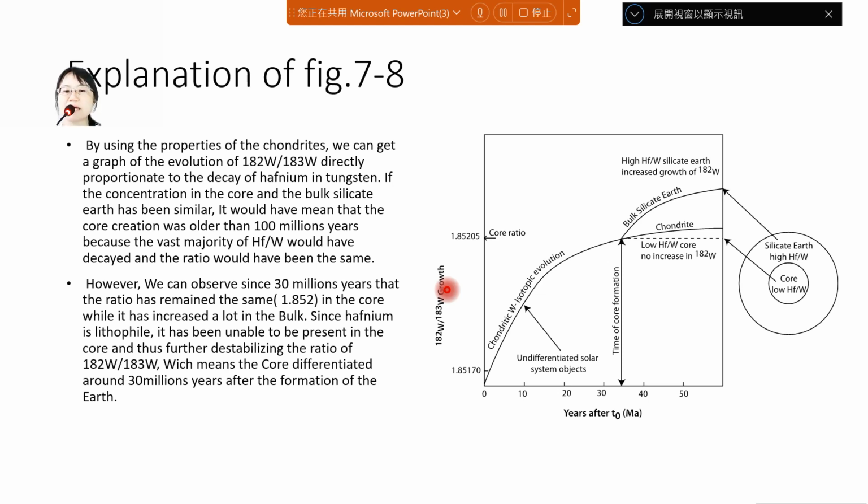It may happen that the earth and the chondrite you compare with simply had different hafnium 182 at the beginning, so you would stand at a different starting point. Then the scientists say, okay, we use tungsten 183 as a reference point. If this ratio is indeed higher in the mantle sample, then yes, it is really enriched in the mantle. So that's the logic of using isotope ratio instead of isotope concentration.